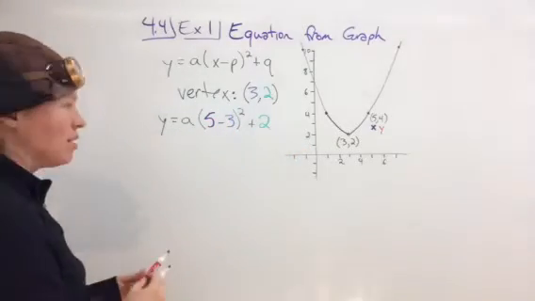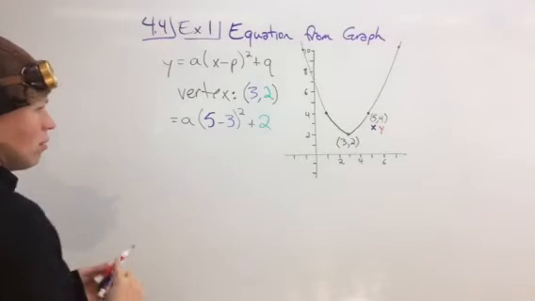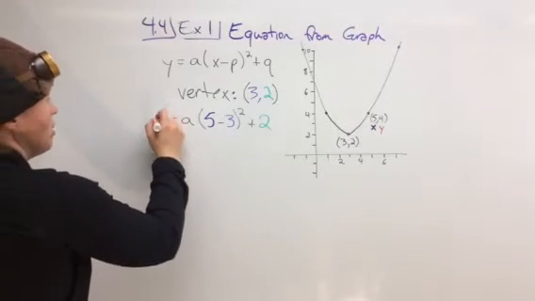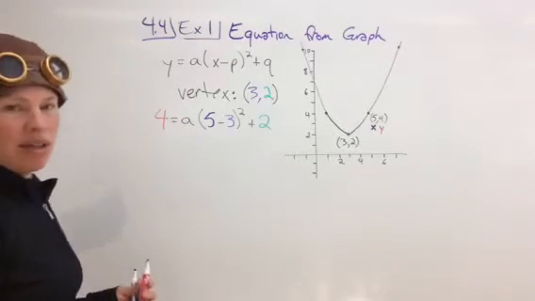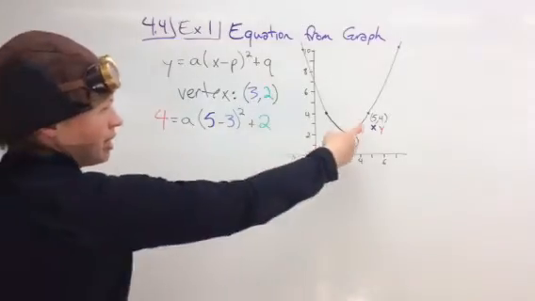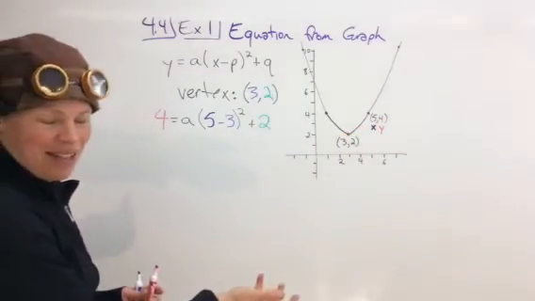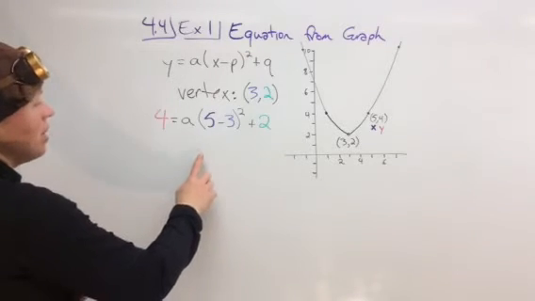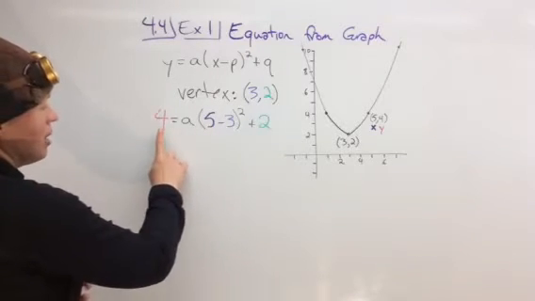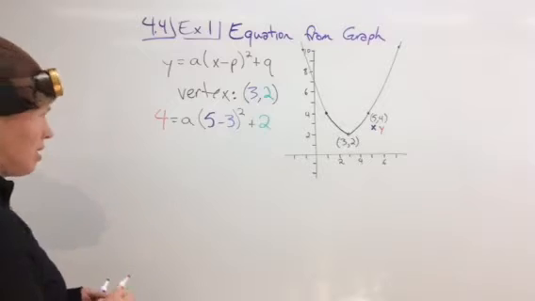That's what these numbers mean. And I can get rid of my y and put in 4 because that's what that y meant. It meant that if I put in x, I get 4 out. Put in 5 as x, I get 4 out.